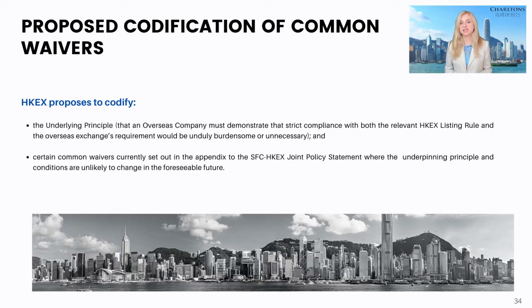The Hong Kong Exchange will still require companies to apply for common waivers, and the Hong Kong Exchange will continue to grant common waivers on a case-by-case basis, subject to applicants demonstrating at a minimum that they meet the prescribed conditions.